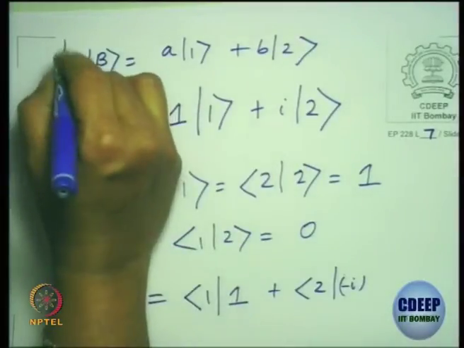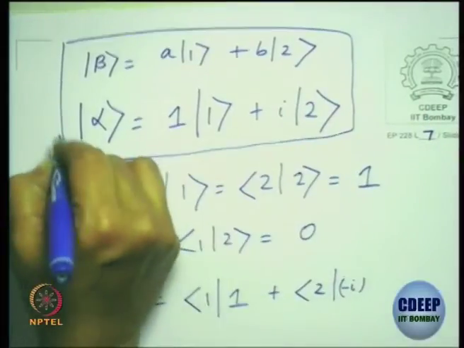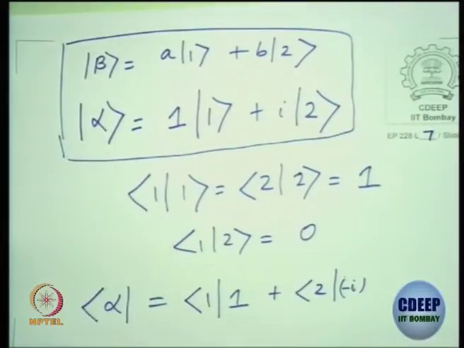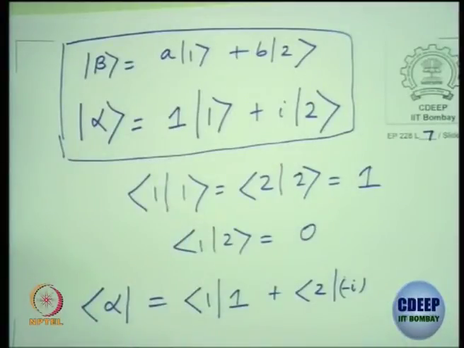This kind of tells me, so alpha and beta, alpha is some specific state, beta is some arbitrary state. Any arbitrary state, I am able to write it in terms of |1> and |2>. Linear independence and spanning the space.